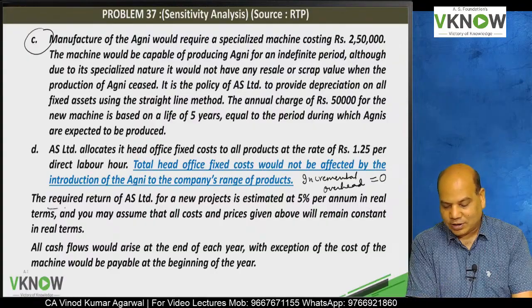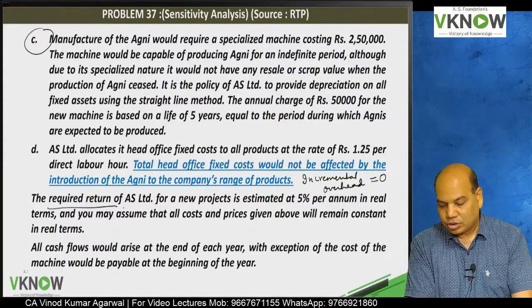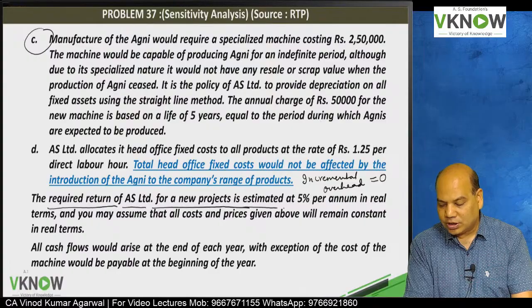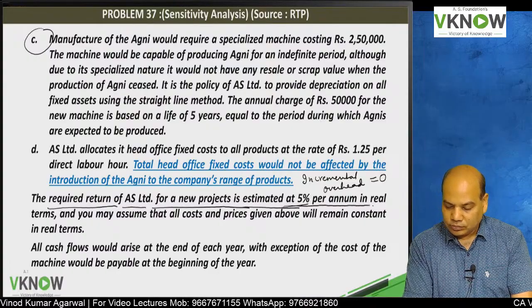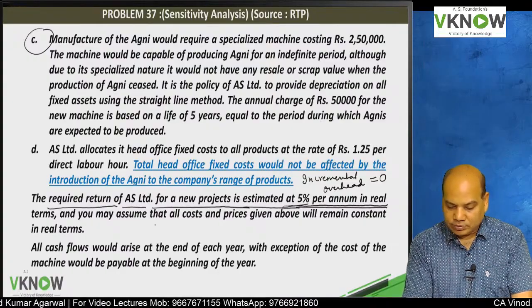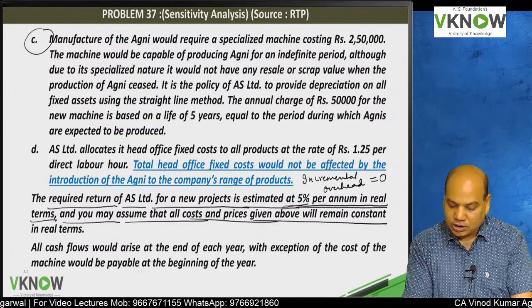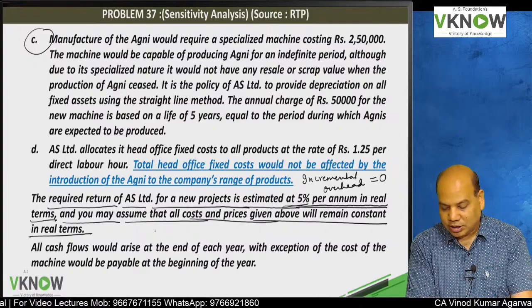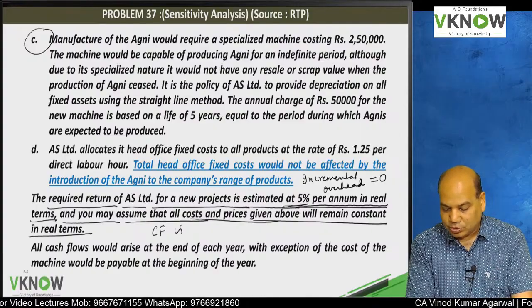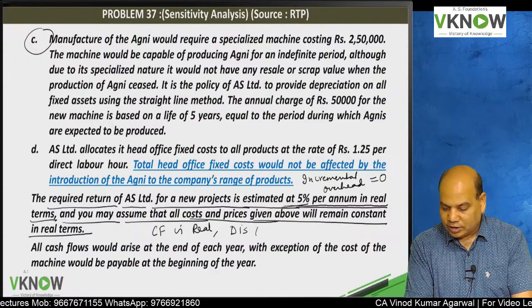Let us read further. The required rate of return of AS Limited for the new project is estimated at 5% per annum in real terms, and you may assume that all costs and prices given above will remain constant in real terms. So cash flow is real, discount rate is real.